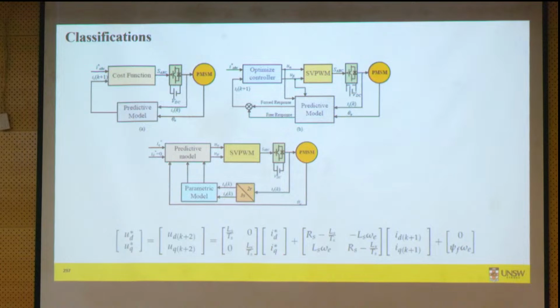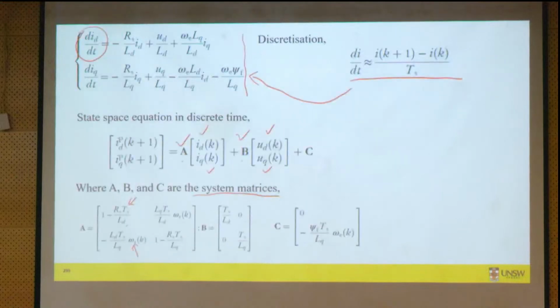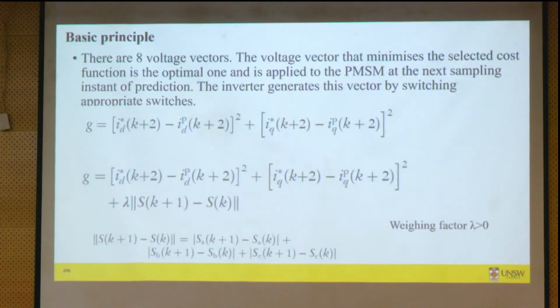The cost function that we talked about in the previous slide, the very basic one, is simply the difference between the predicted currents at one instant. But we could add additional functions here if we want. For example, in this second cost function, we have an additional term. This is very commonly used for switching frequency minimization.